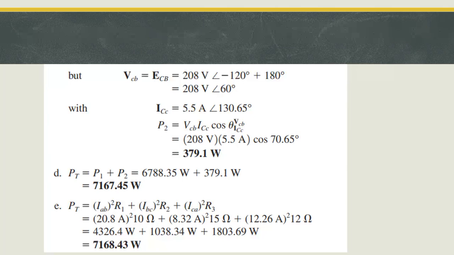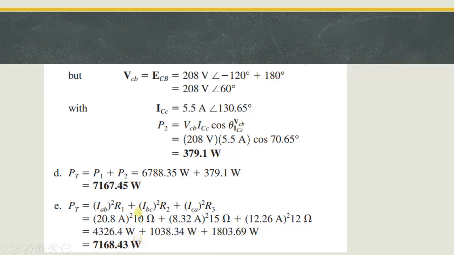We have another formula. There is resistance present in each phase, so the real power consumed by the load is equal to I squared R. You use each phase current and the corresponding phase resistance, and then you get the overall power. Substituting each phase current and the corresponding phase resistance and simplifying, the value is around 7168.43.